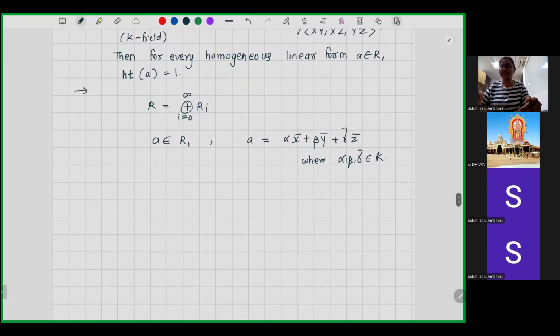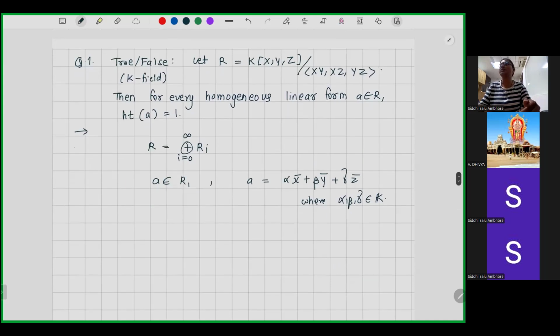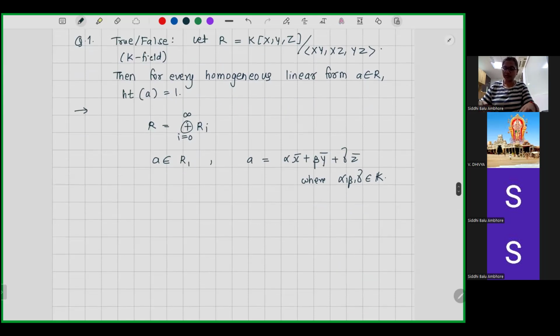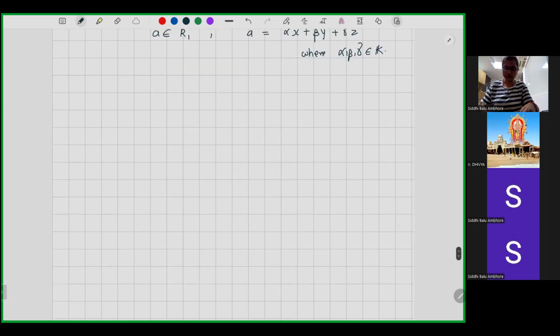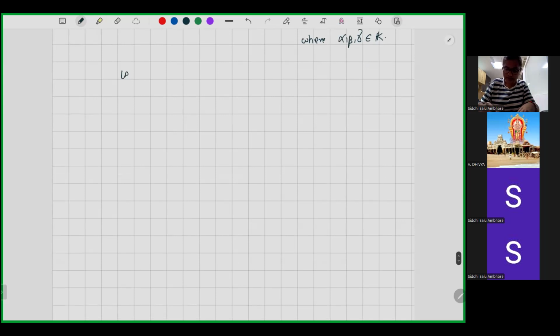This need not be true because we are in a quotient ring, so A might be a zero divisor and so on, which will change the height. Let us consider this example: let A be x bar.